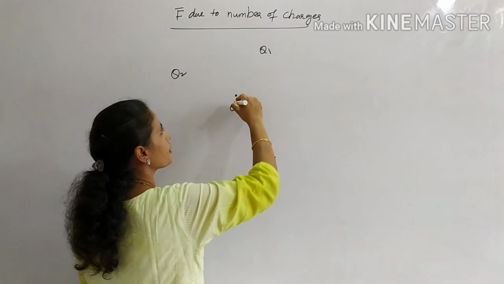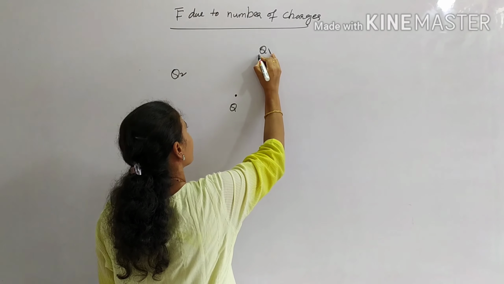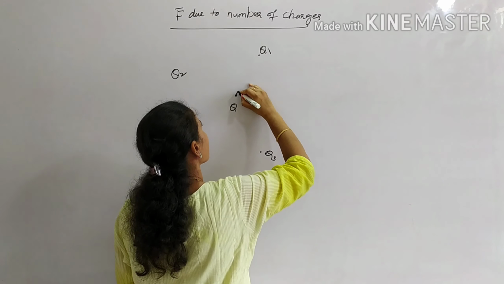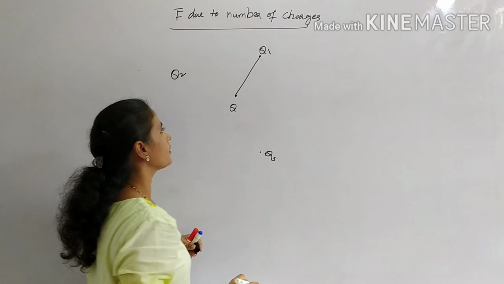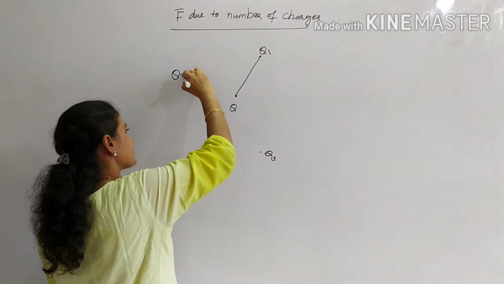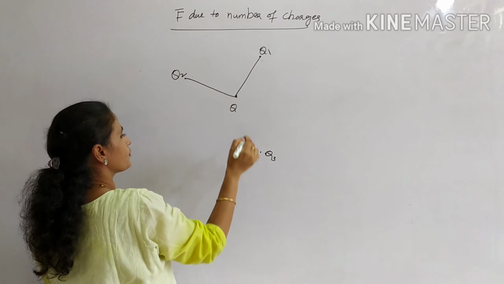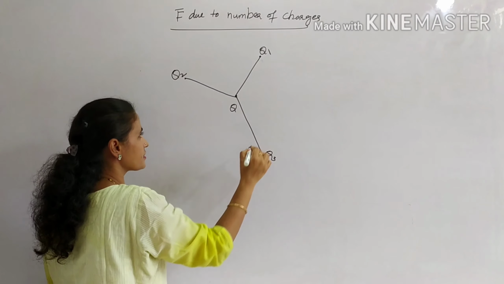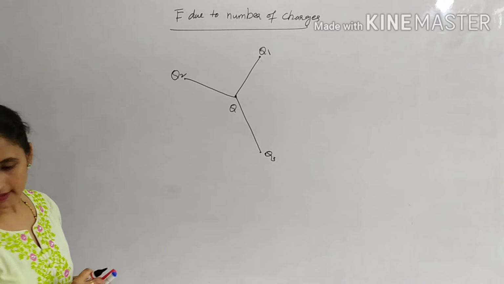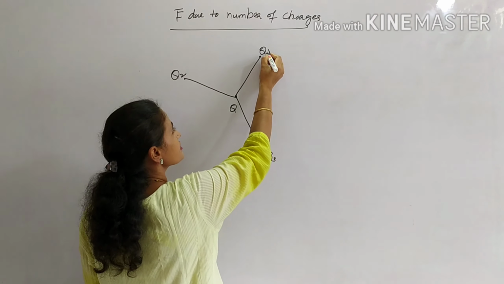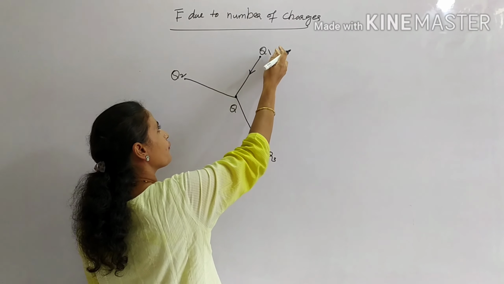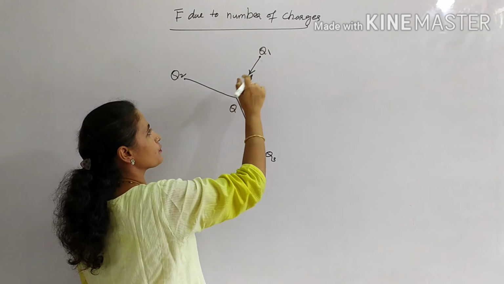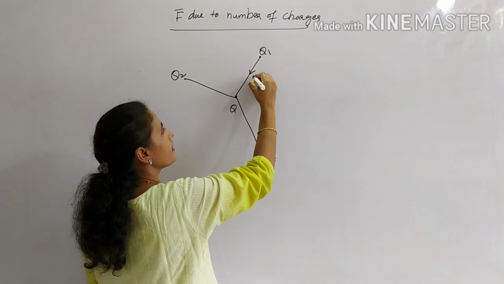So the unit vector directing the force by Q1 on Q, the direction of force by Q1 on Q, is in this direction.